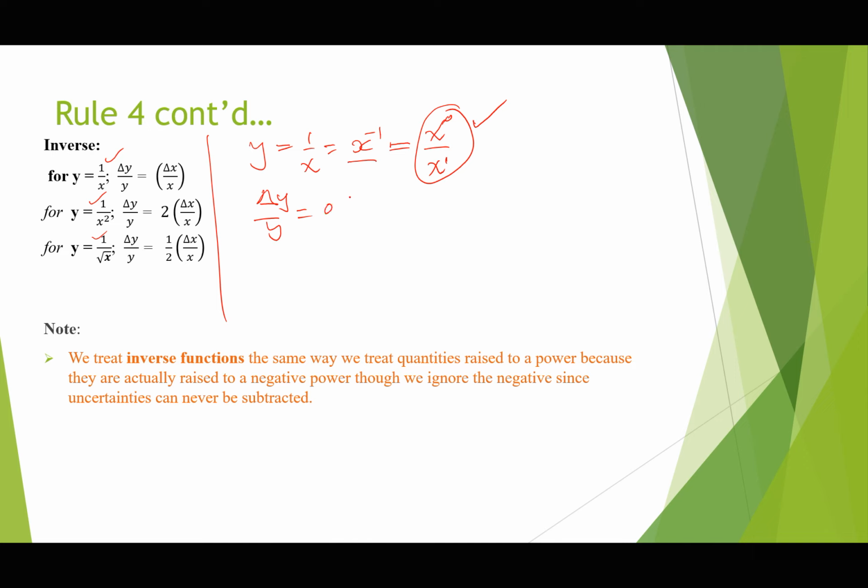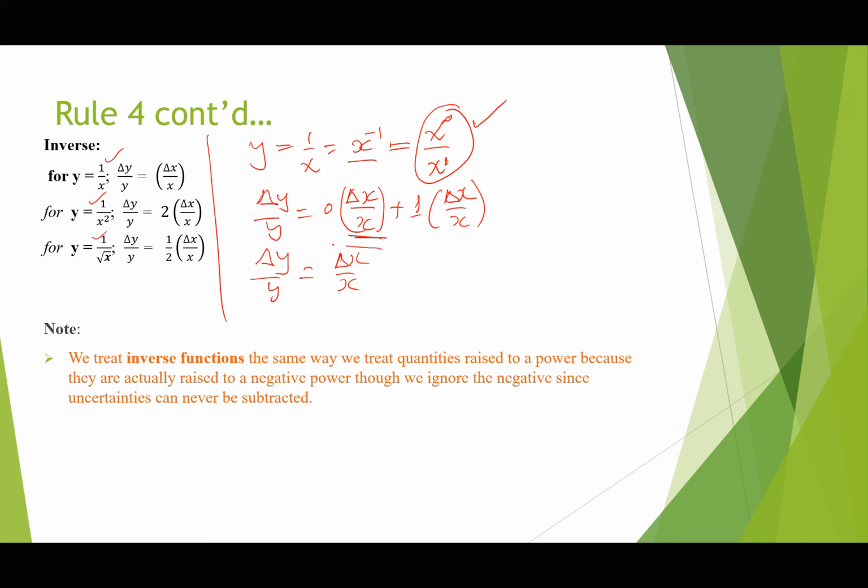This will be 0 times delta x over x plus 1 times delta x over x. So we are multiplying this fraction uncertainty with 0, which is equivalent to having delta y over y equal to just delta x over x. So do not confuse y equals x with y equals 1 over x.